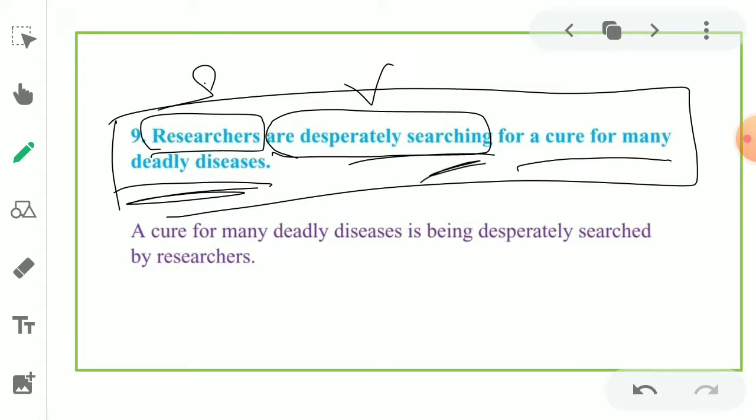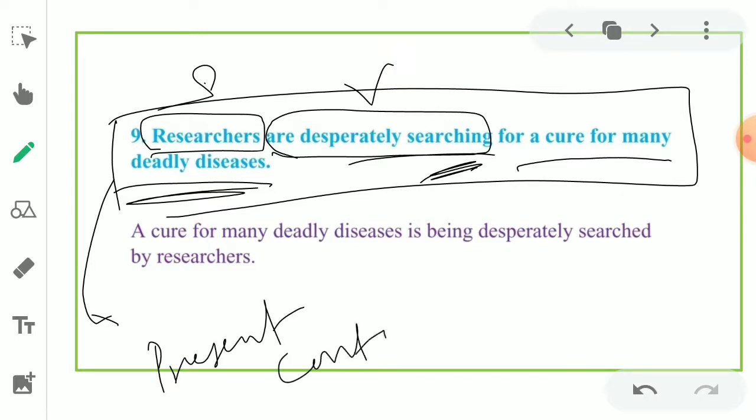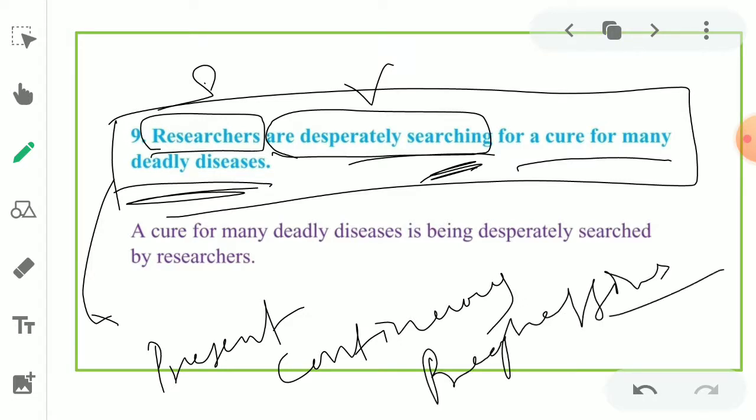You can see the ing form of the main verb is used, therefore this sentence is given in present continuous or progressive. Keep in mind, or progressive. For a cure for many deadly diseases is used as the object.